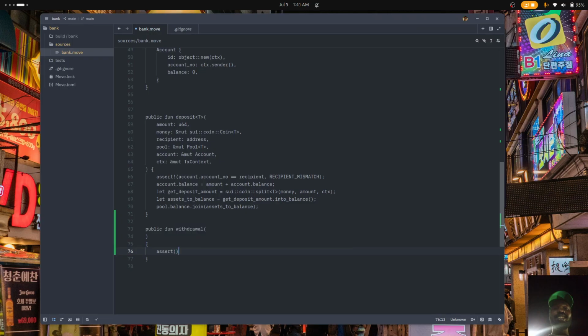So the person is withdrawing an amount, so we're going to check the amount. If this amount is less than or equal to the balance.